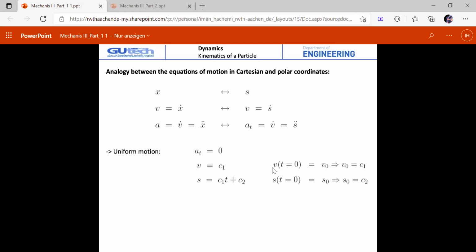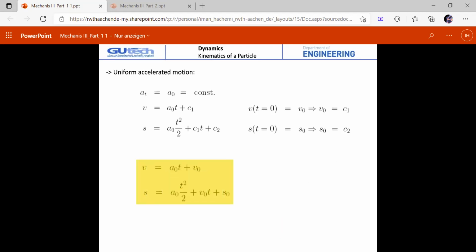If we look at the initial condition, time t equal to 0, we get the initial velocity, which is constant, and for time t equal to 0 there is no distance, it's at rest. In this case we have s0, then we get c2. Then v is the constant initial velocity, and s is v0 t plus s0.